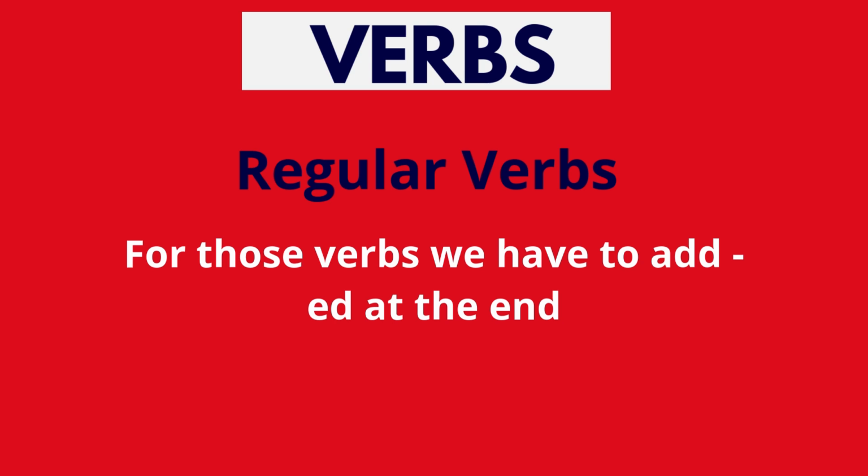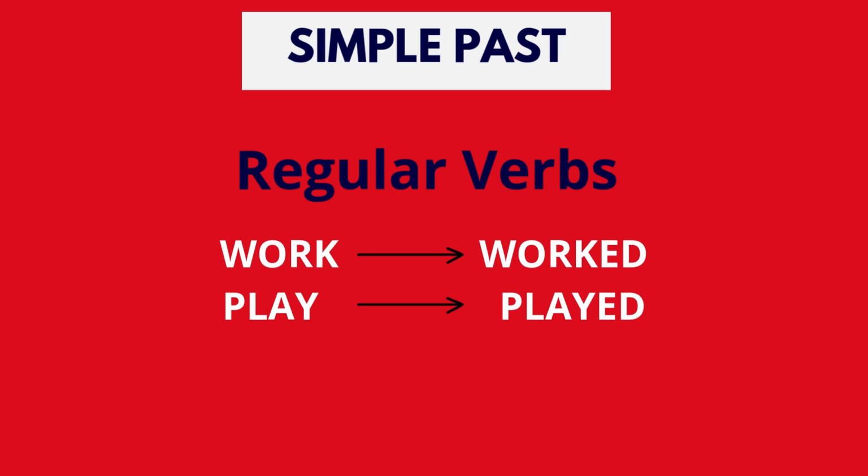For example, in general, this is the general rule. So we have the word work and the word play. What we have to do is add ed. So work becomes worked and play becomes played. Okay, but we have more rules, orthography rules or spelling rules.